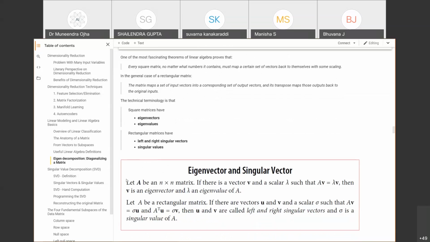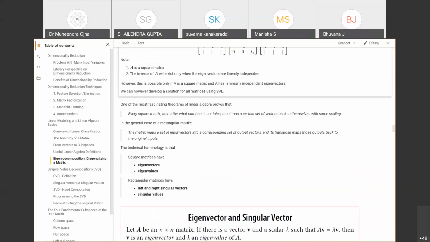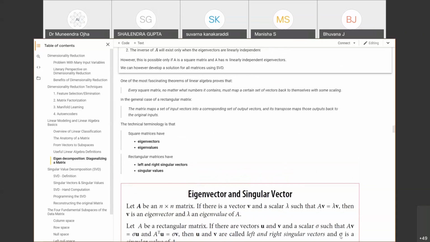Let A be an n by n matrix; if there is a vector v and a scalar lambda such that Av is equal to lambda v, then v is an eigenvector and lambda is an eigenvalue of A. The same thing is written in theorem form, that every square matrix must map a certain set of vectors back to themselves.